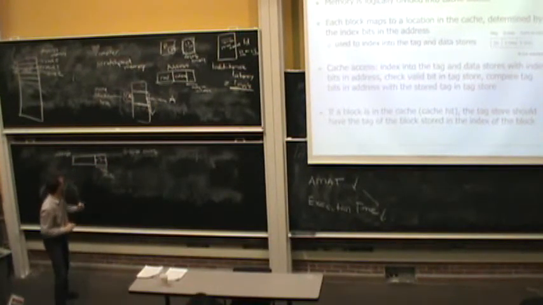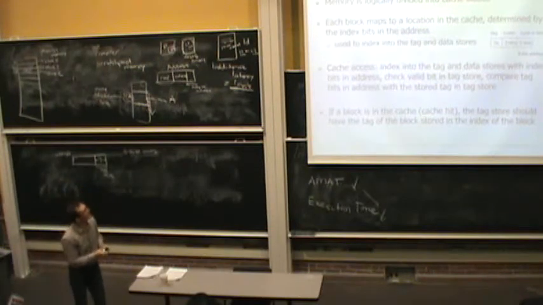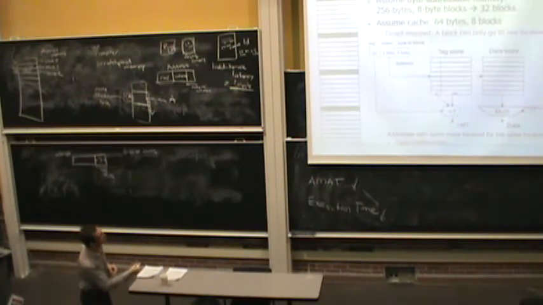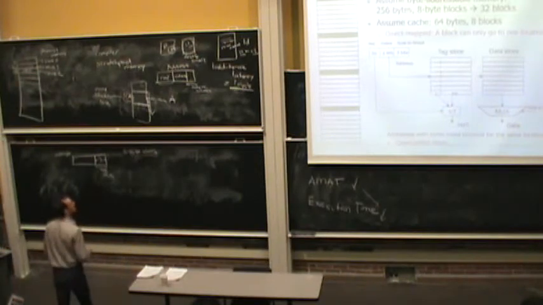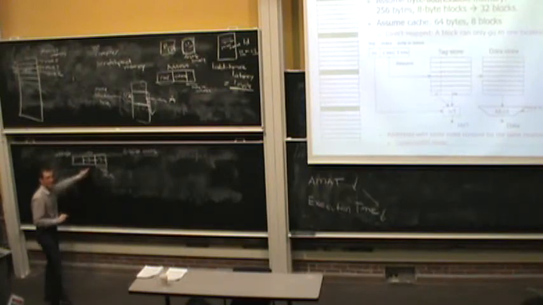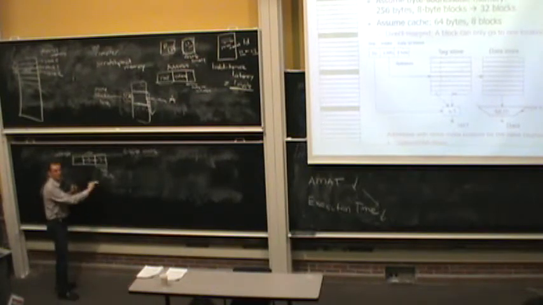Let's say our cache has, in this case, 8 locations. So this is your index. You have 3 bits to specify which location in the cache this address maps to.